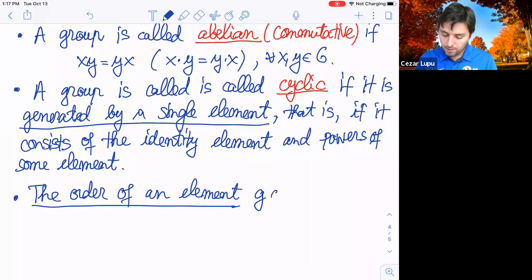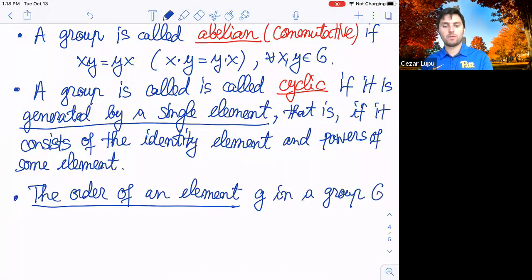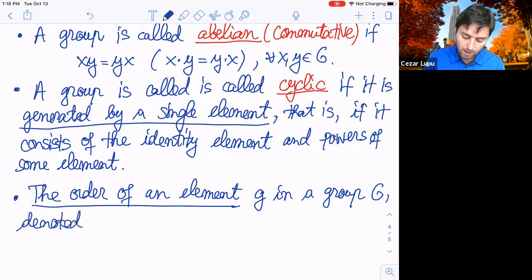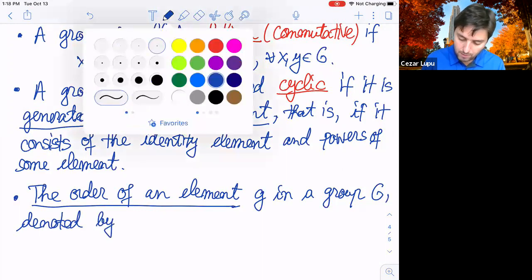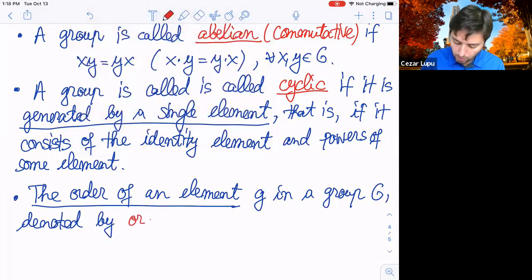in a group. Okay, let me write in words. In a group G, right? So the order of this element g in a group G, and we denote this by, denoted by, and I'm going to write it this way, o(g), right?